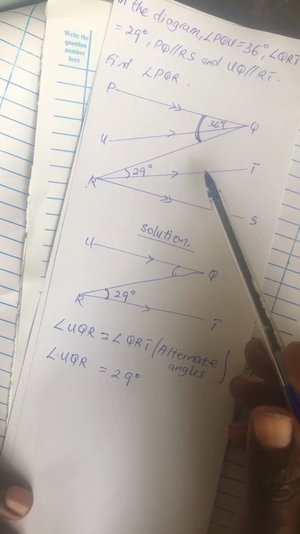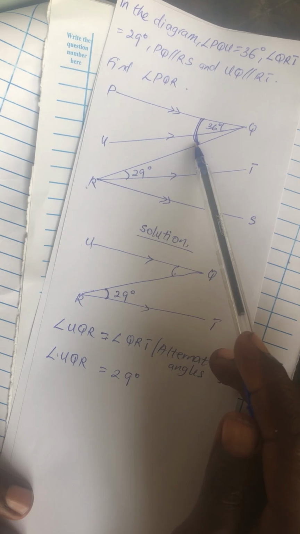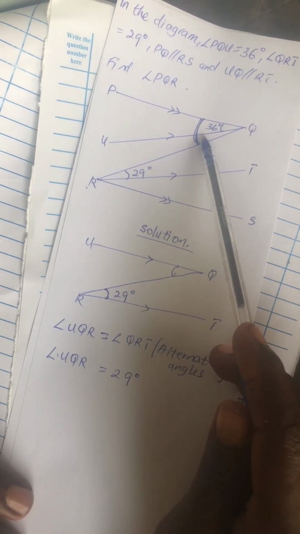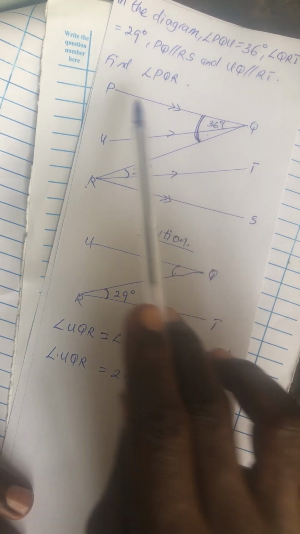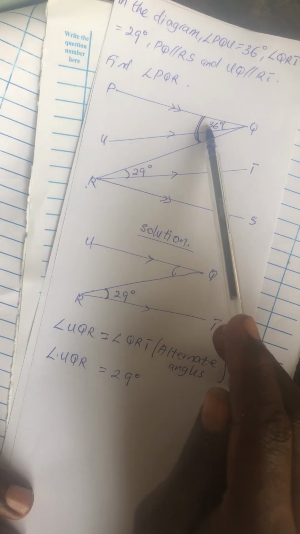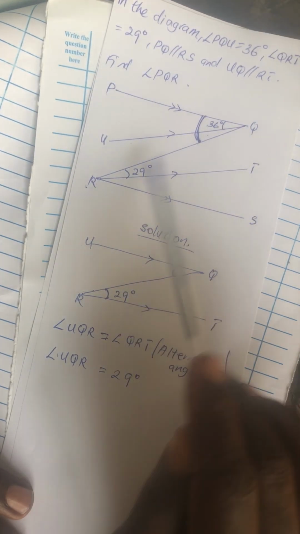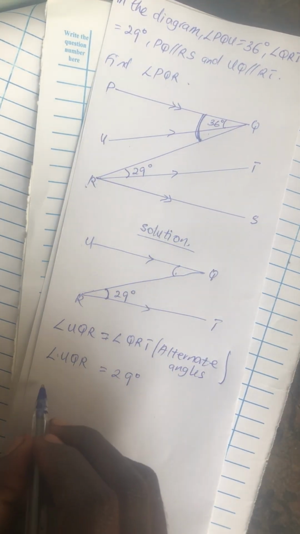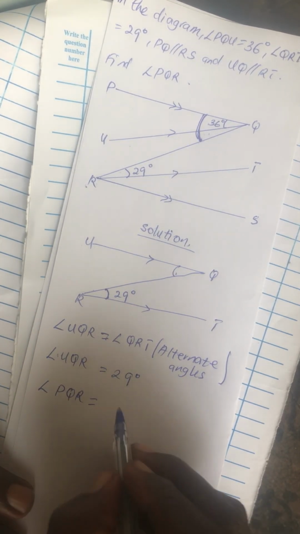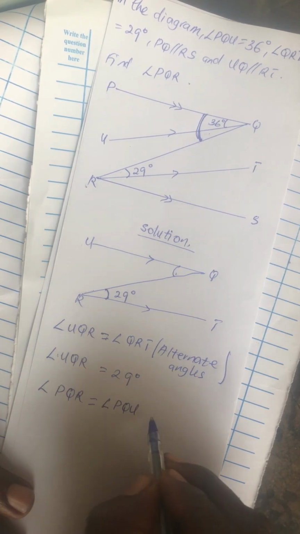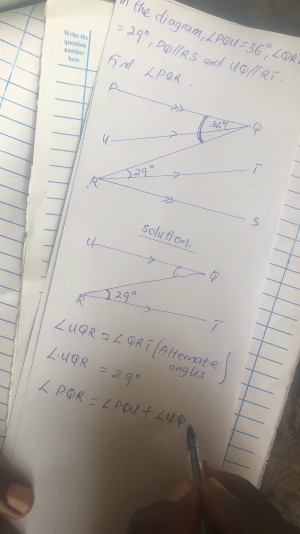Now from the larger diagram, we are finding PQR, which is a combination of these. You have identified this small region as 36. Here is given as 36 degrees. You have identified this as 29 degrees. Now to find angle PQR, just put together this angle here and this angle here. So angle PQR is made up of angle PQU plus angle UQR.